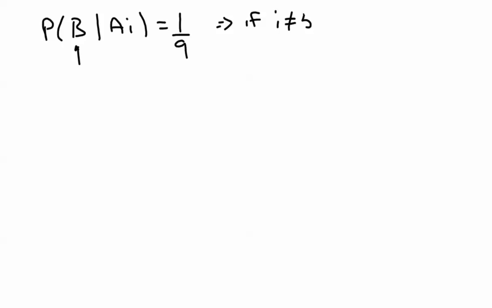Same example. The probability that I choose a 5 on the second draw, given that I is not 5 on the first draw, is 1/9.